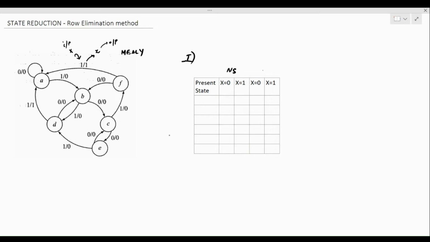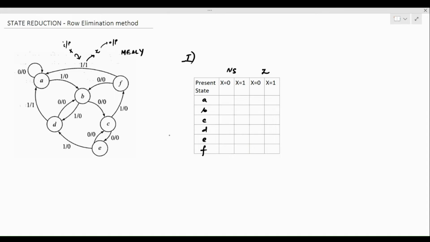So this is going to be the output z, and it is going to vary with respect to x equal to 0 or 1, the external input, and NS stands for the next state. x equal to 0 and 1 are the inputs for which the next states would vary depending upon what the present state is. So here we have states A through F. Let's enlist them first: A, B, C, D, E, and F. Now they are going to make a transition to the next state depending upon the input x.